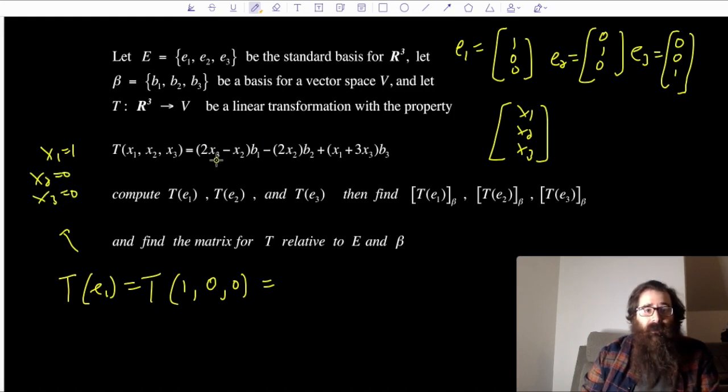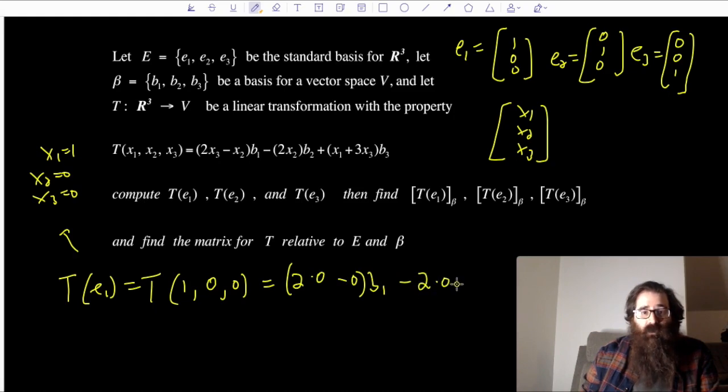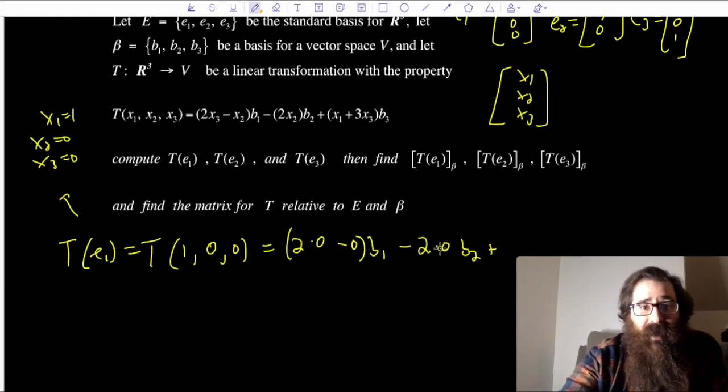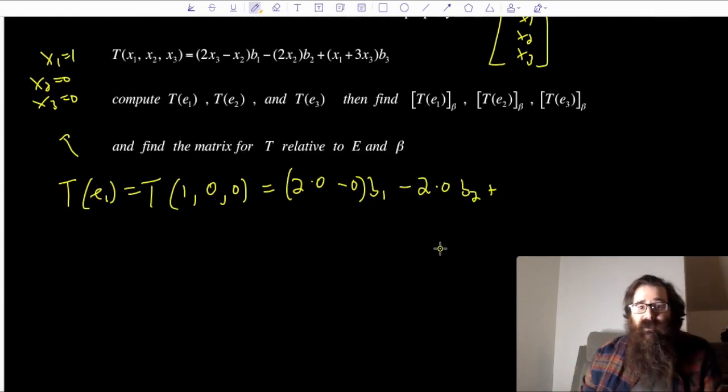When I plug in, I'm going to get (2 times 0 minus 0) times b sub 1 minus 2 times 0 times b sub 2 plus, and this last term is the only one that mentions x sub 1, (1 plus 3 times 0) times b sub 3.